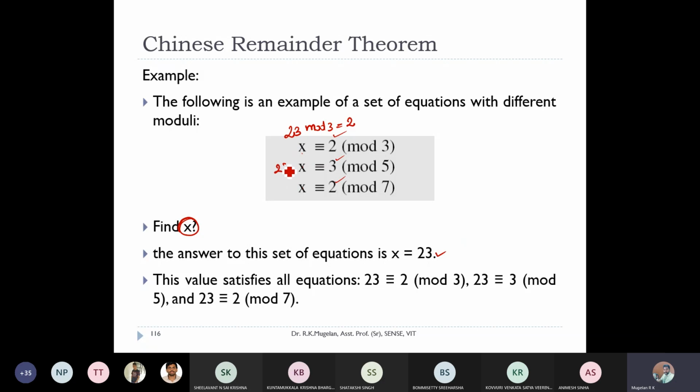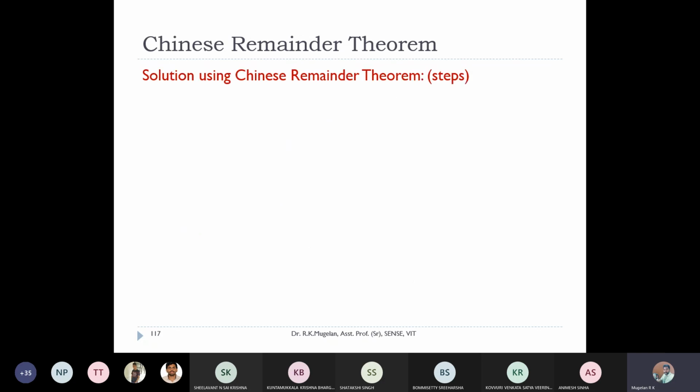And the same 23, if you take mod 5, you'll get 3. And the same 23, if you take mod 7, you'll also get 2. So this is how, for this kind of expression, we can use the Chinese Remainder Theorem. Now, how are we going to solve it using the Chinese Remainder Theorem?